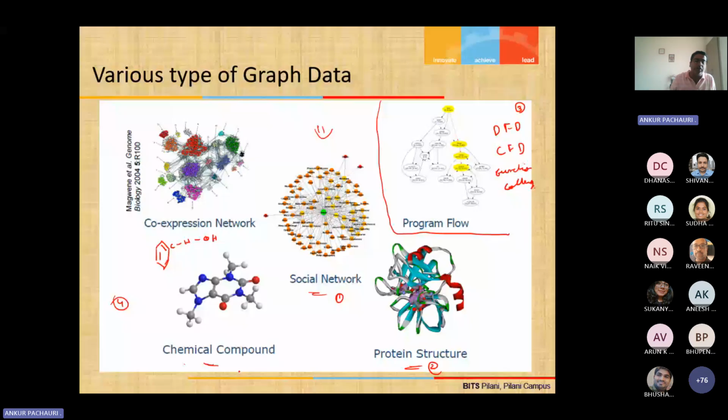Now, why are we trying to convert the chemical data into graph data? The reason is there is a property in chemistry we call SAR, structure activity relationship. What does this mean? Researchers have observed that a particular structure of a chemical exhibits a certain property.